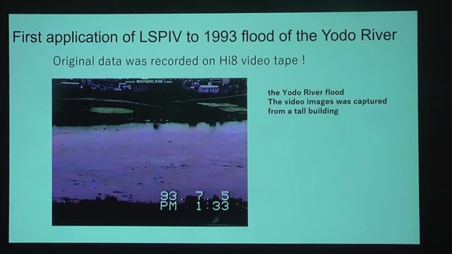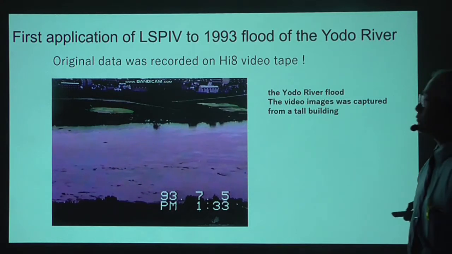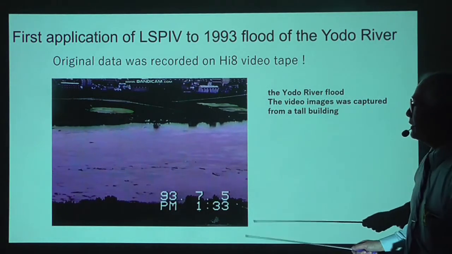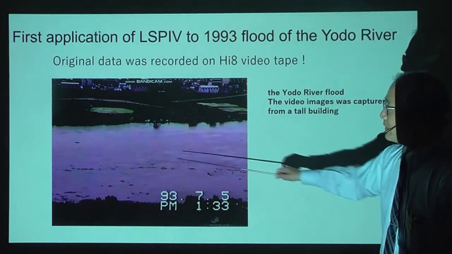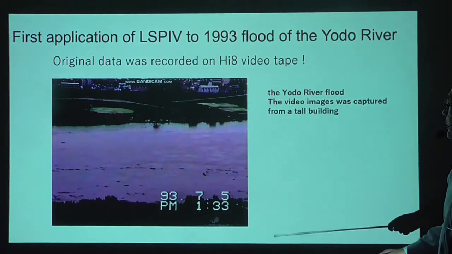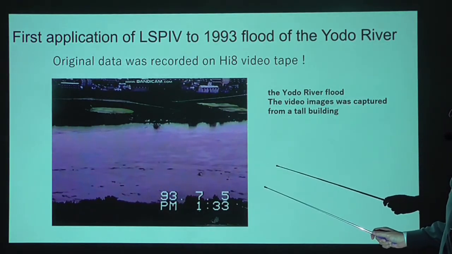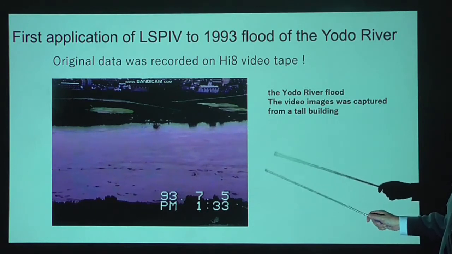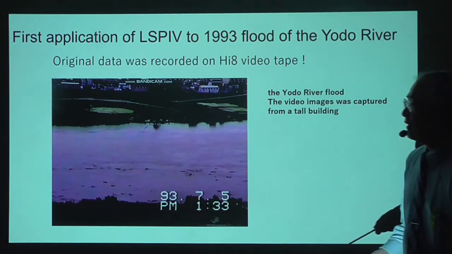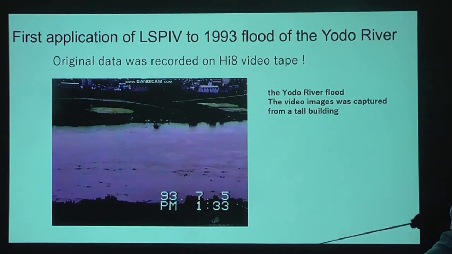After that, this is maybe the first movie to which I applied LSPIV, in the 1993 flood. This video was recorded on high-end videotape, and this is the Yodo River flowing in Osaka. It was given to me by a friend, who asked me if these pictures could be used for large-scale PIV.